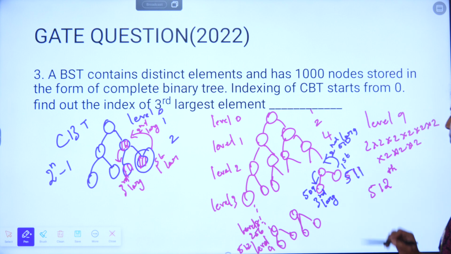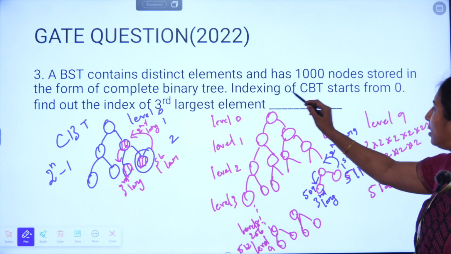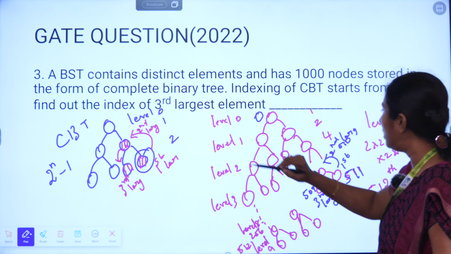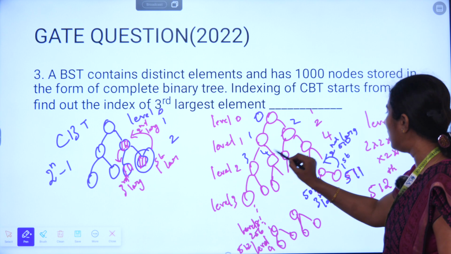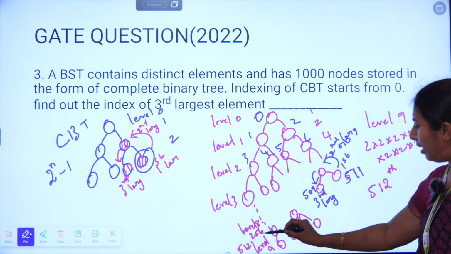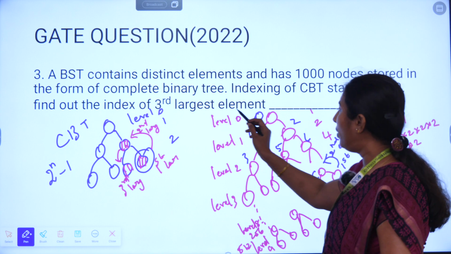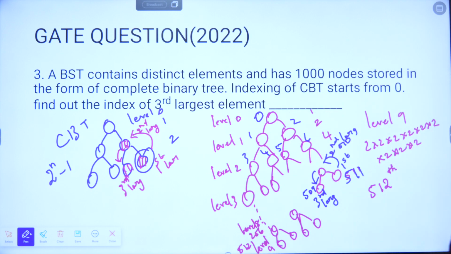So what we can come to a conclusion over here is that the question they have asked is that indexing of the CBT starts from 0. So the index of our CBT will start from 0, 1, 2, 3, etc. It will go likewise like this, and in level 8 the last node will have the index of 511, and we are going to find the third largest element and in which index position it is there.